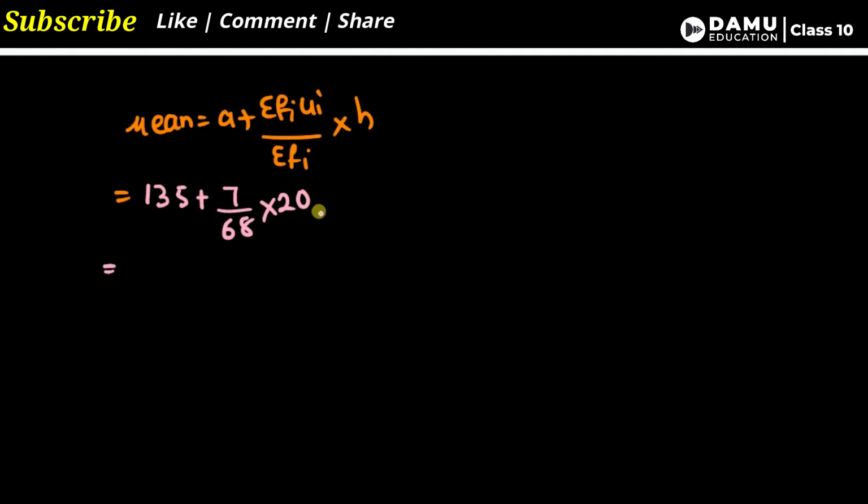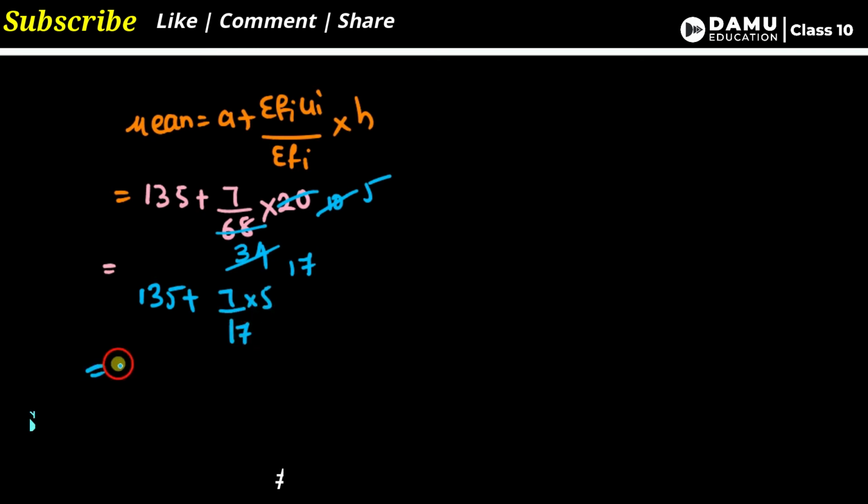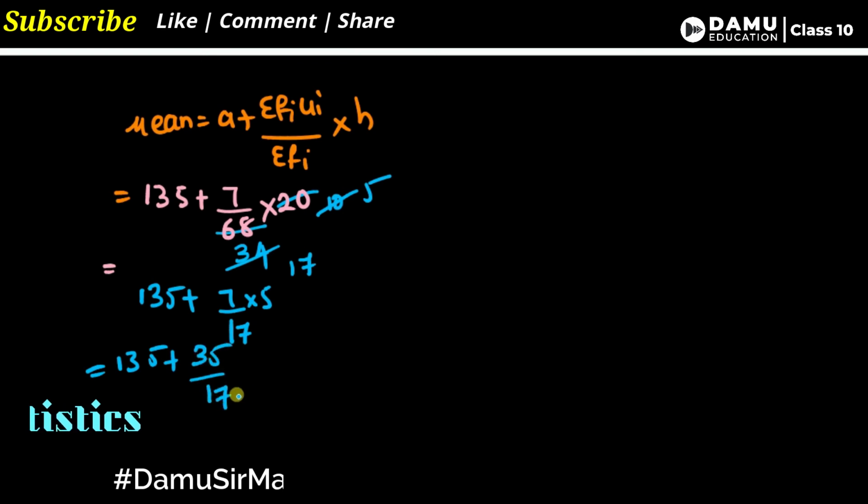So let's cancel this with this 2. 2 tens are 20, 2 threes are 6, 2 fours are 8, 2 fives are 10, 2 ones are 2, 2 sevens are 14. Then what is this? 135 plus 7 by 17 into 5. So we will get 135 plus 7 fives are 35 by 17.